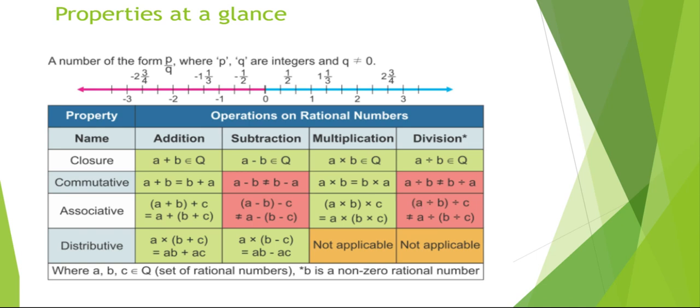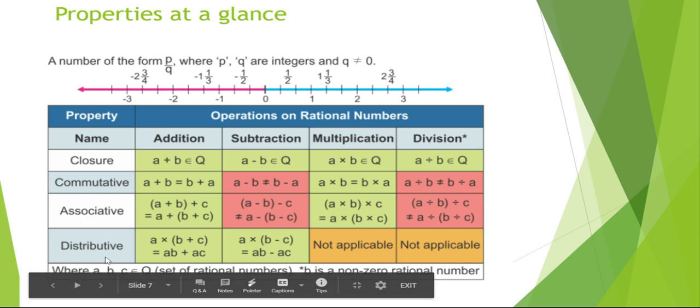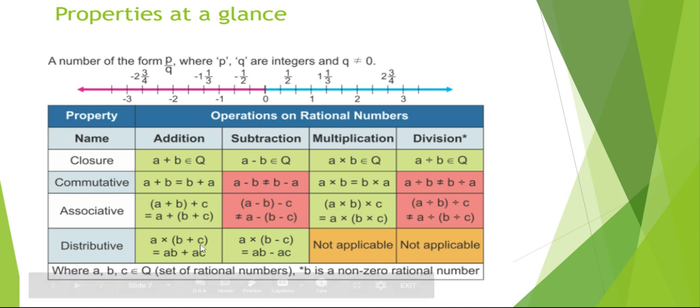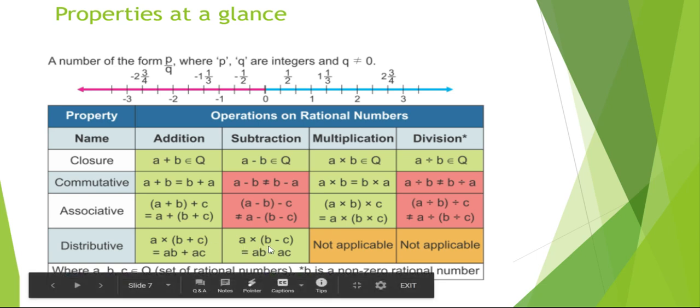They hold under addition and multiplication, but they don't hold under subtraction and division. Now comes distributivity. The distributive property, as I've already told you, holds for multiplication over addition and multiplication over subtraction, but it is not applicable for multiplication over division.